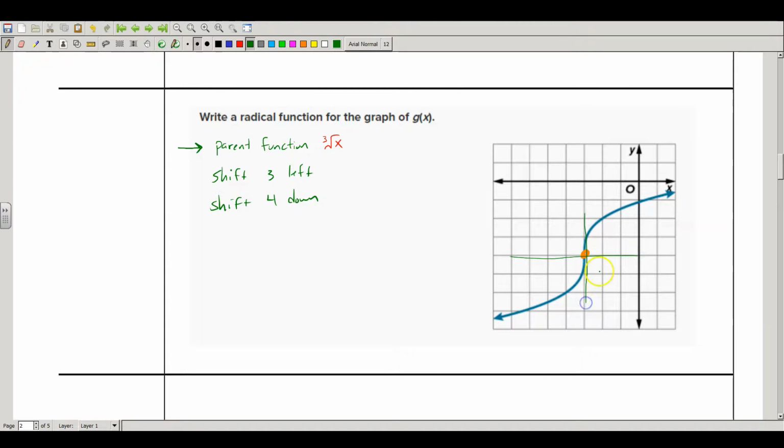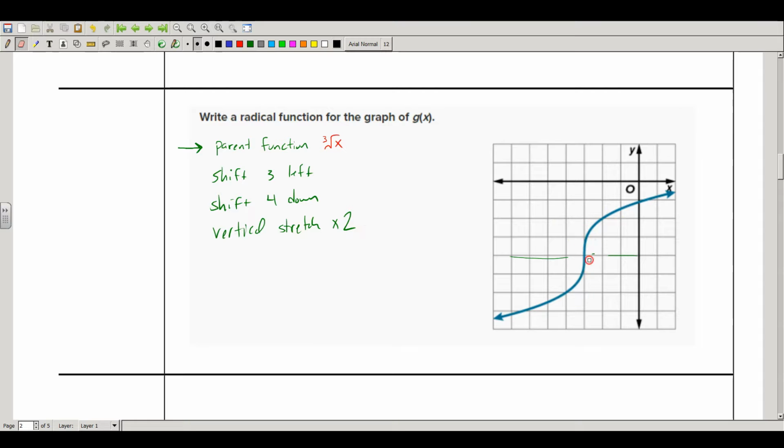If we look at one spot to the right of the center, it doesn't go up 1. You can see it actually goes up 2. So to me, this looks like a vertical stretch of 2. It's being stretched out by a factor of 2. So I'm going to write that down. This looks like a vertical stretch of 2, which really means my a value is going to be 2.